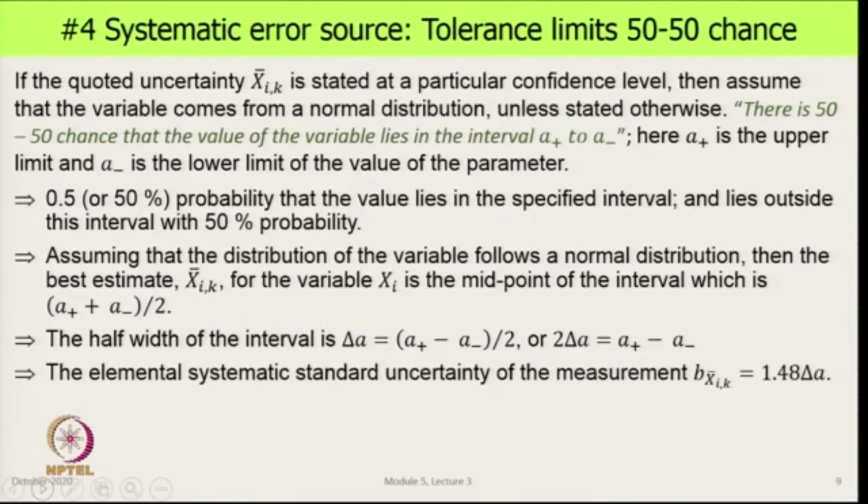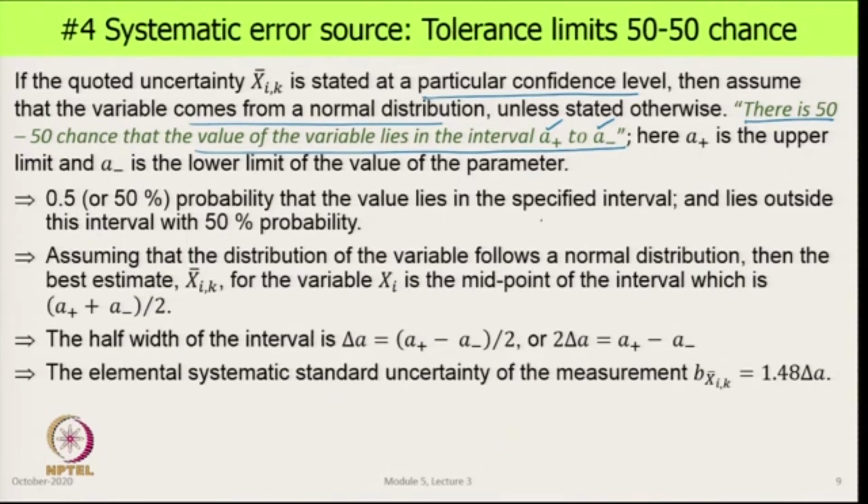Our fourth systematic source of error is when someone says that the variable comes from a normal distribution and there is a 50-50 chance that the value of the variable lies in an interval a plus to a minus. So, we are told that I have a certain value plus minus something, that if you add and subtract will give you this interval, and half the values lie in that interval and half the values lie outside it.